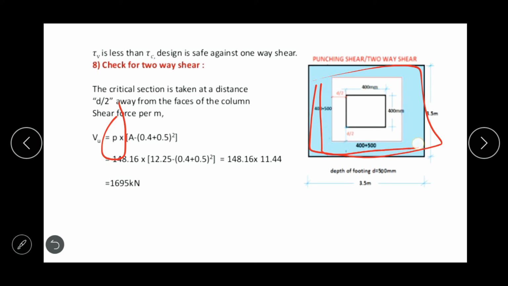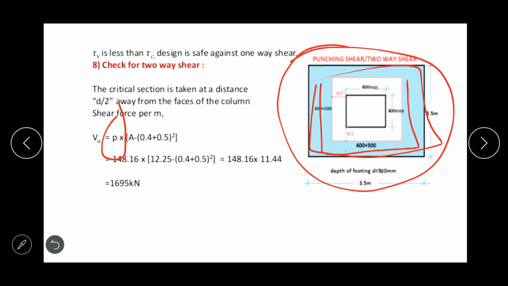The area of this blue portion is the total area of this square minus the area of this white portion. After getting the area, it can be multiplied with the net upward pressure in order to get the shear force developed in this blue portion or critical section.